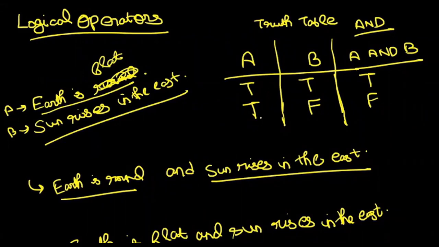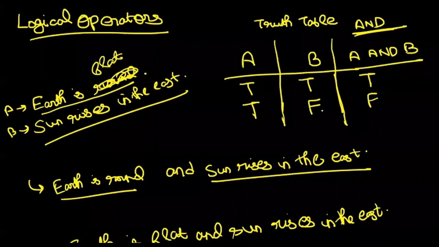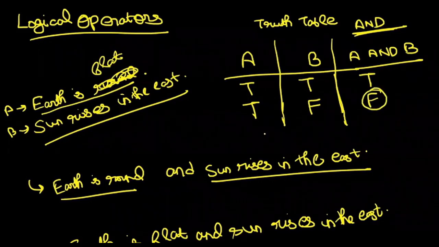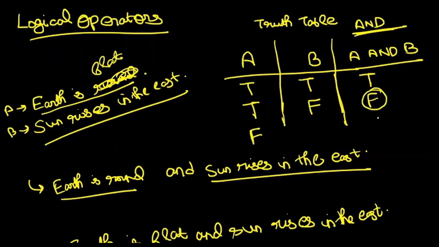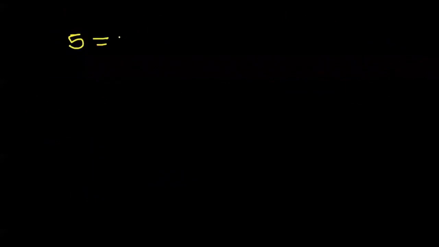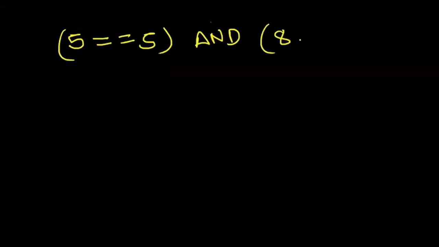So what I want you to understand is, in the truth table for AND, if one of the expressions evaluates to be false, then the entire logical AND will be false. Even if one statement is false, the logical AND becomes false. If both statements are false, logical AND will also be false. Think of it like this: I am claiming 5 equal to 5, and 8 equal to 9.